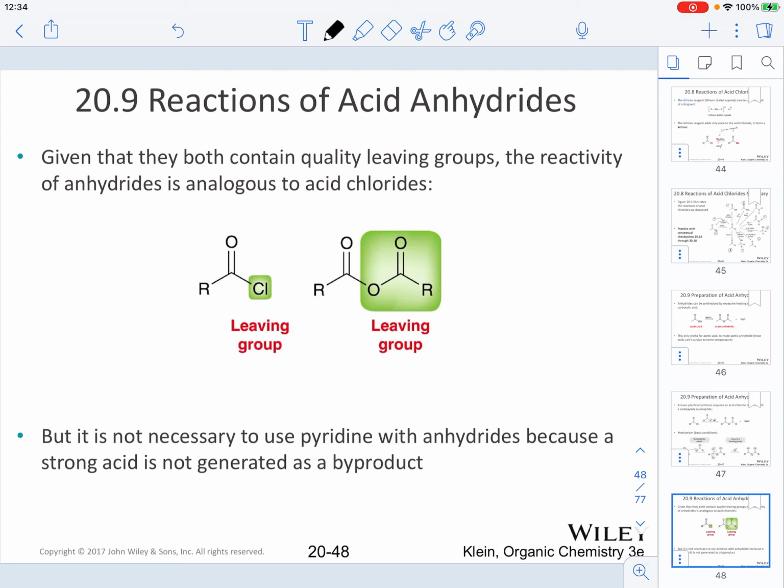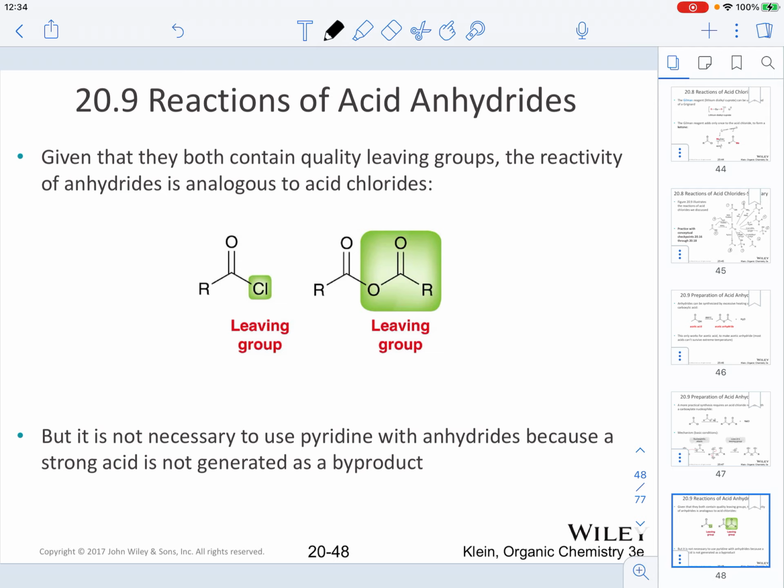Given the fact that there are good leaving groups, the reactivity of the anhydrides is actually pretty similar to that of the acid chlorides. In the acid chlorides we saw in the previous part of this chapter, chloride is a good leaving group.